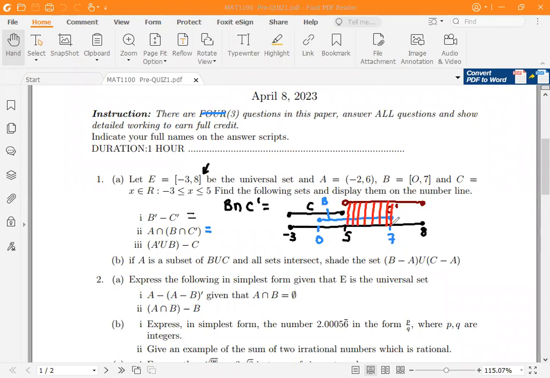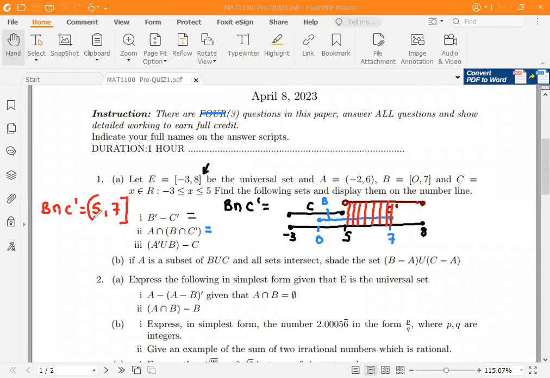So B intersection C complement has come out to be 5 up to 7. How do we close? 7 is included, but 5 is not included because 5 is not in C complement. 7 is in both.